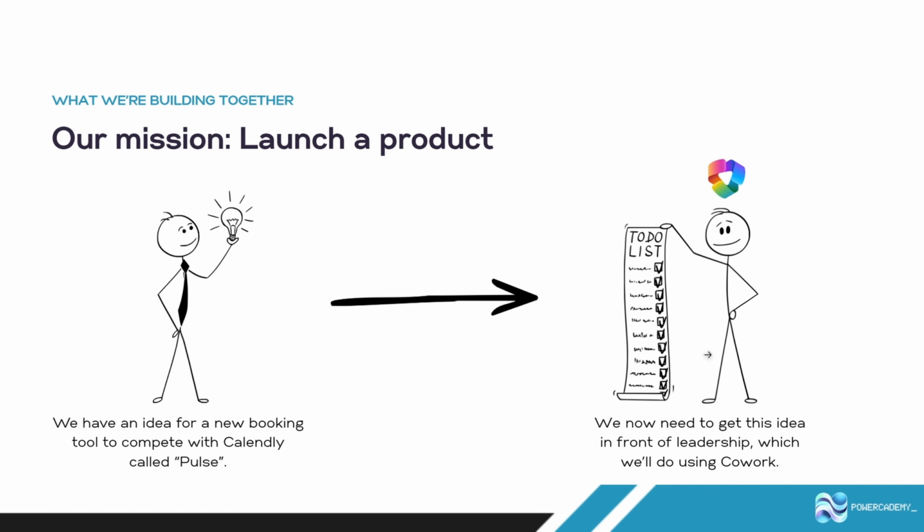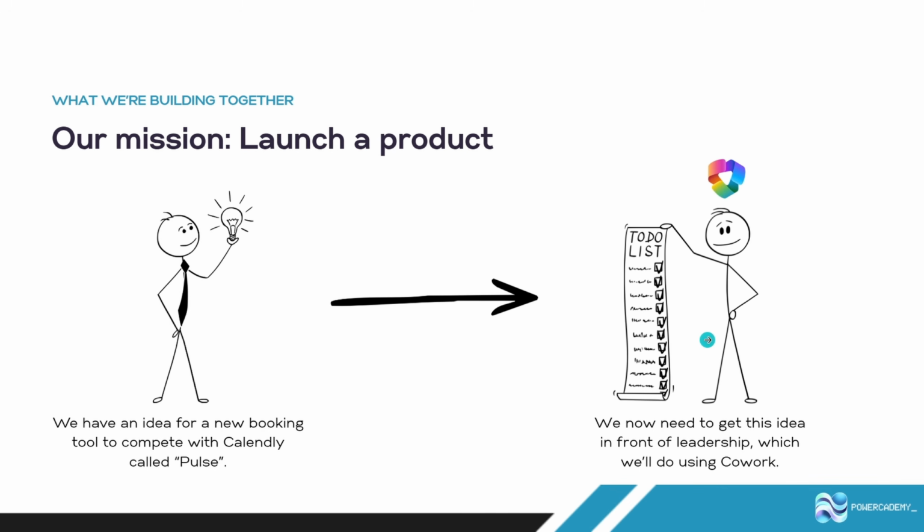So a use case for us actually working with Cowork, because I think it's going to be quite important that you can visualize how this can work for you. Rather than us just going through something very arbitrary and doing random things like summarizing inboxes, you know it can do that stuff. The examples are there. What I actually want to put together is a mission where we are trying to launch a product together.